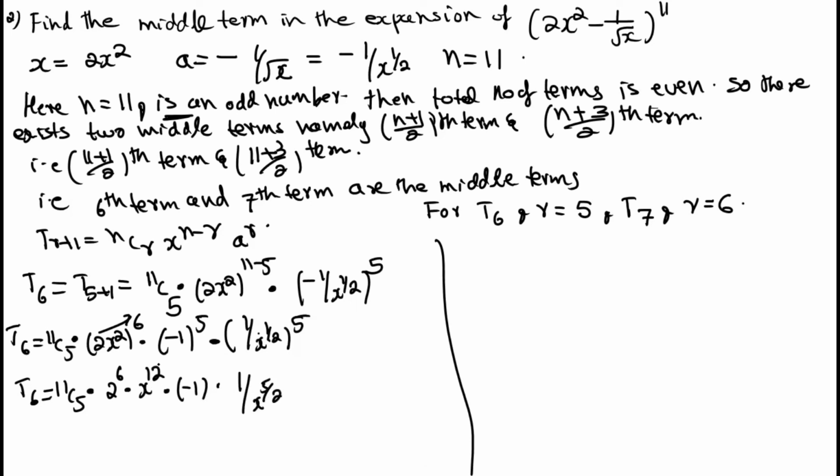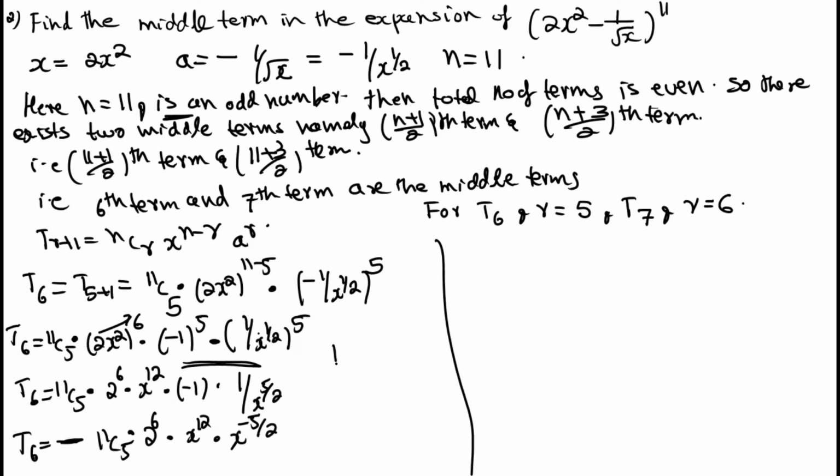Okay, now you need to simplify these two x terms. So T6 is equal to minus 1 is there, right? So here I'll put minus. Okay, so minus 11C5 into 2^6 into x^12 into x^(-5/2).